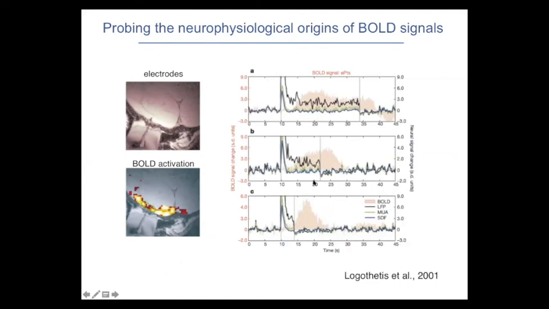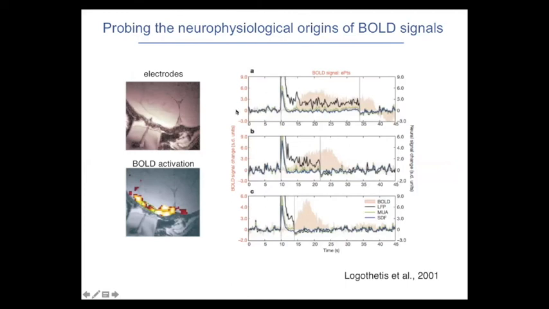They measured several recordings, including local field potential, multi-unit activity, and single-unit activity, and compared them to the BOLD fluctuation, which is the shaded area shown here. The local field potential has a prolonged response, matching the timing of BOLD. So they positioned that, compared to other signatures, local field potential is more related to the BOLD signal.